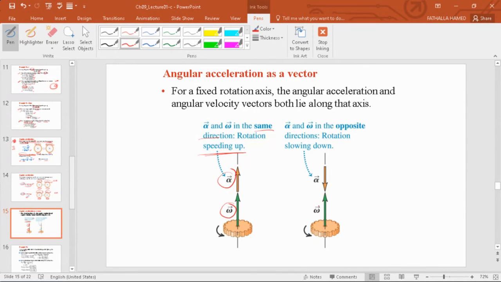But when your omega and your alpha are in opposite directions, then the rotation is slowing down. We've seen something similar when we talked about motion in one dimension in chapter number 2, when we said that if the velocity and acceleration are in the same direction, you'll be speeding up. If the velocity and the acceleration are opposite each other, you're slowing down. Is this clear?